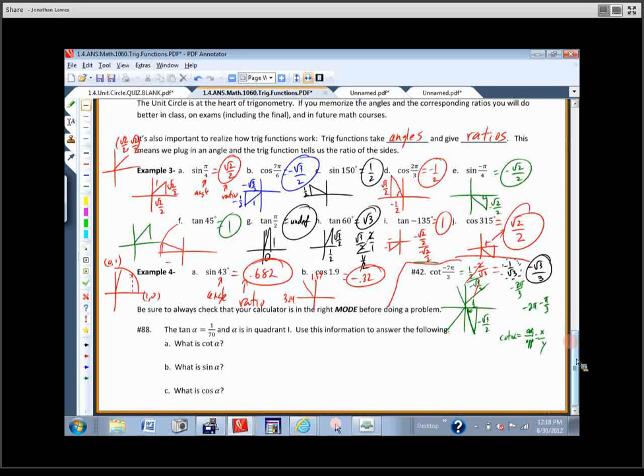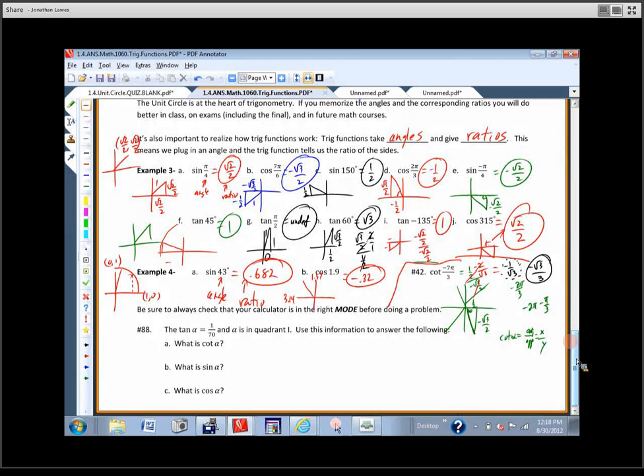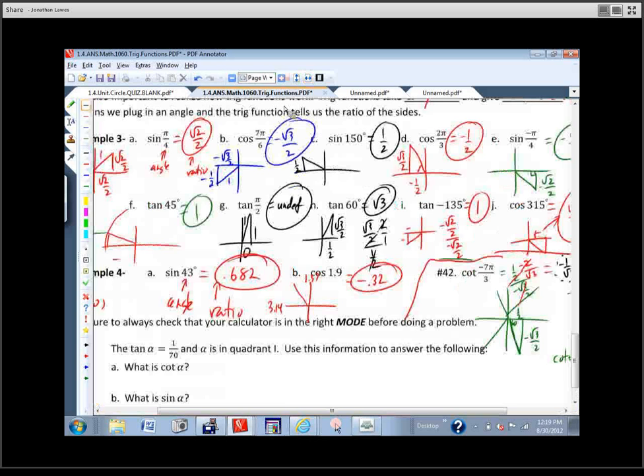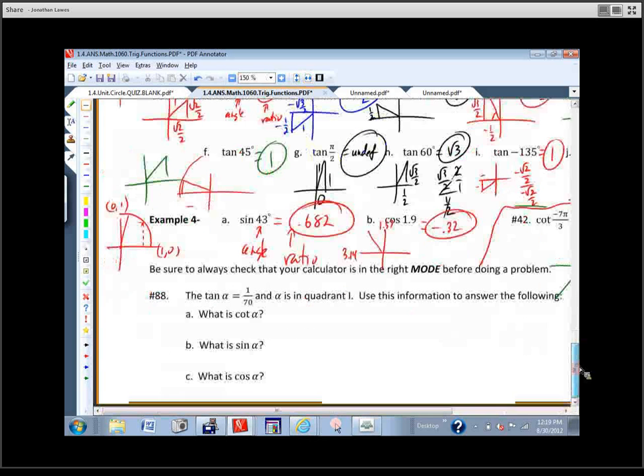This is problem number 88, and then you're in great shape to do the assignment. This says the tangent of alpha is 1/70th, and alpha is in quadrant 1. Use this information to answer the following. So let's take a good look at this. Tangent of alpha is 1/70th, and it's in quadrant 1. So let's draw a picture of what this would have to look like.